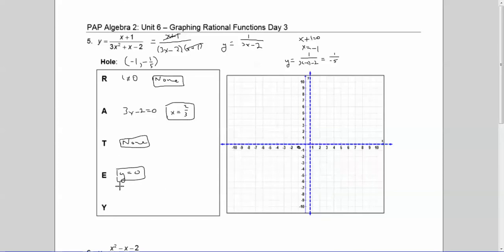And our y-intercept occurs where x equals 0. So where y equals negative 1/2. So 0, negative 1/2 will be our y-intercept. So right about there.